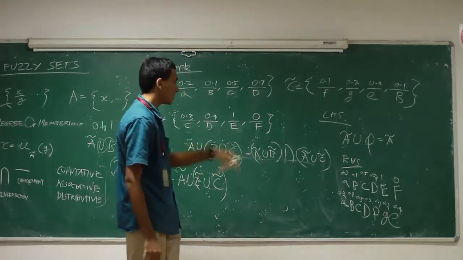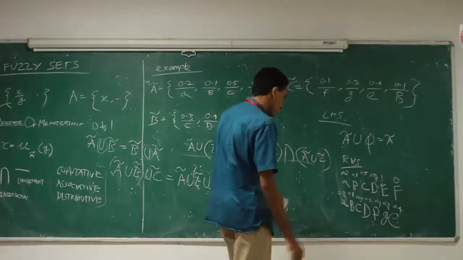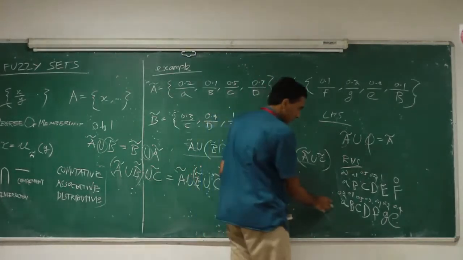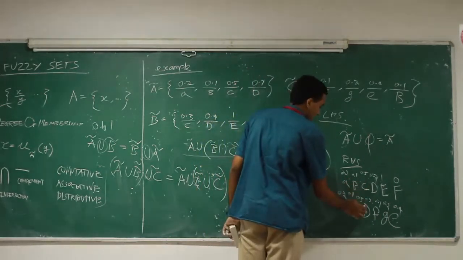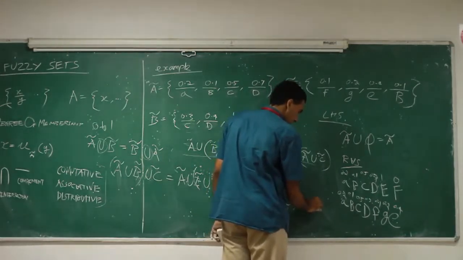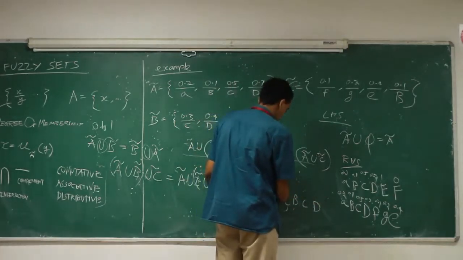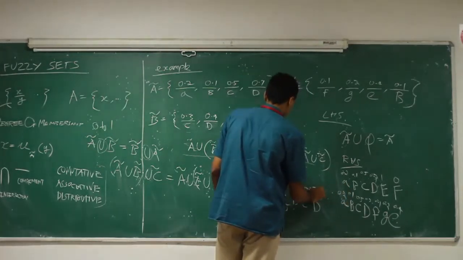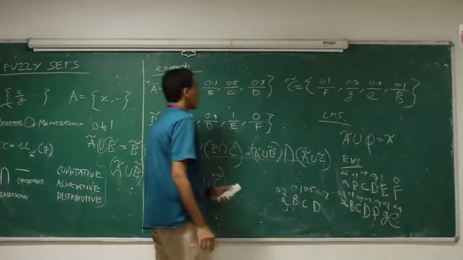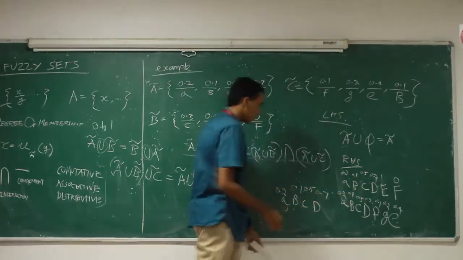Now we are performing intersection on both of these. The intersection would be, since we are taking intersection for D, we take the minimum value over here, which is 0.7.